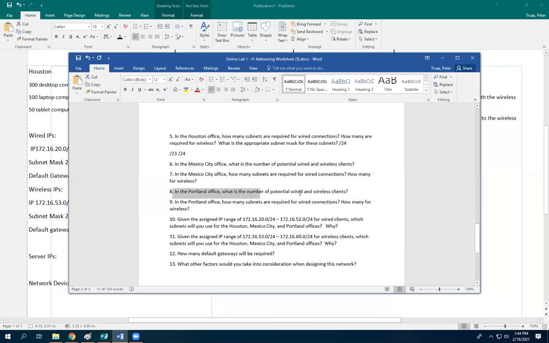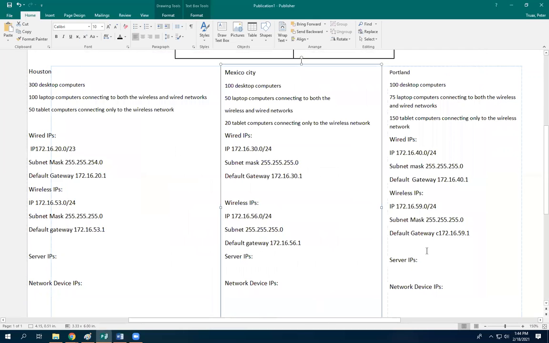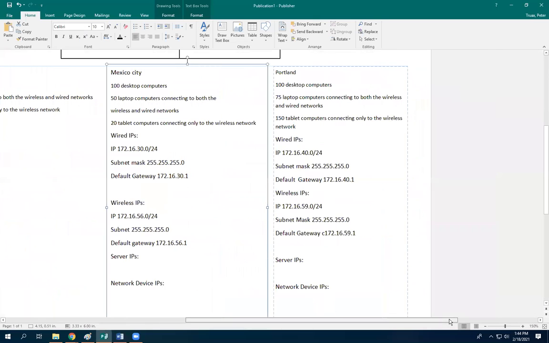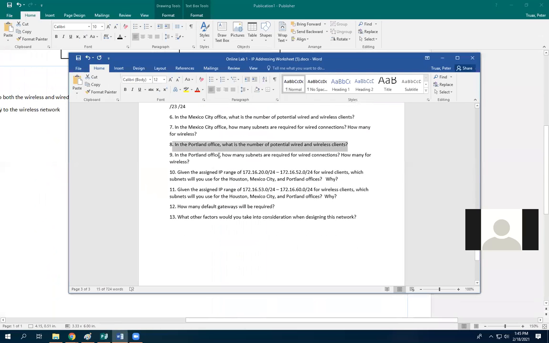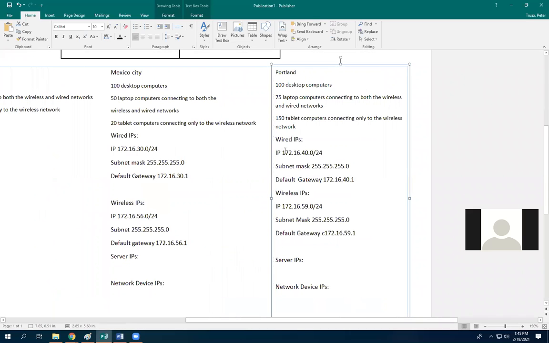And then in the Portland office, how many potential wired and wireless clients are we going to have? 175 for wired and 225 for wireless. There you go. And then how many subnets? Again, I think we already covered that a little bit. We're going to have one subnet for the wired and one subnet for the wireless.